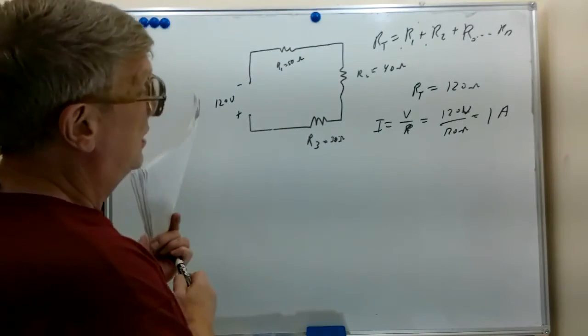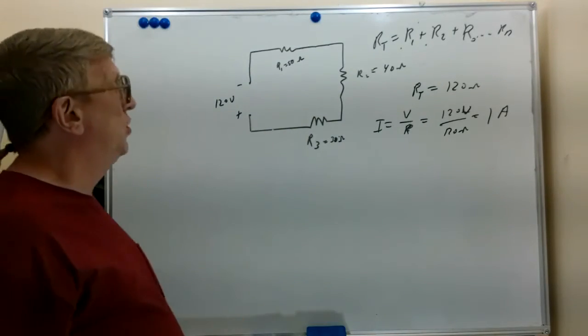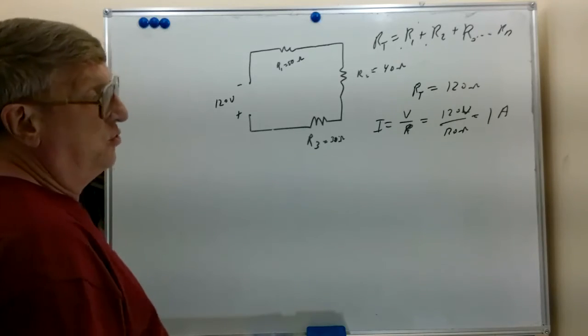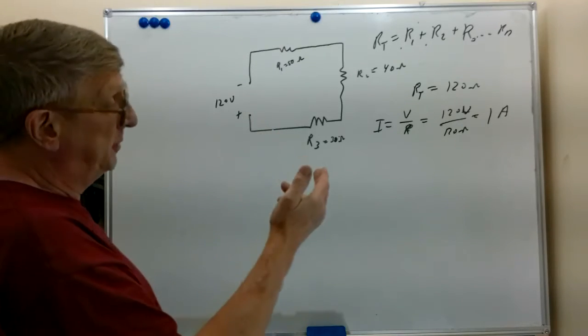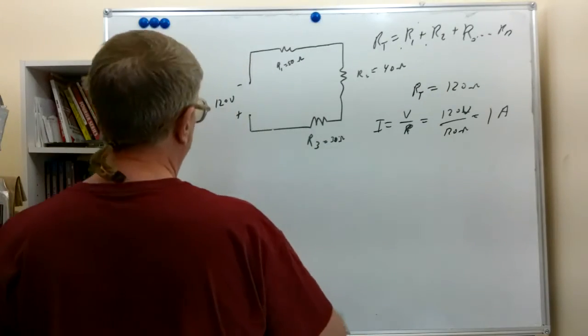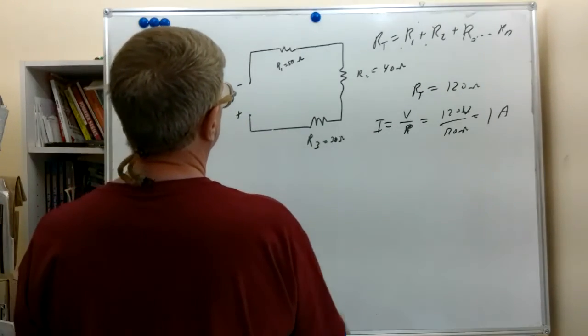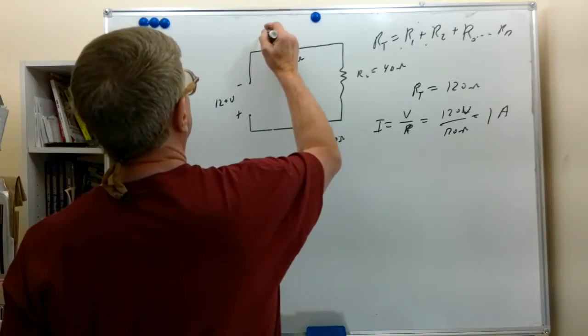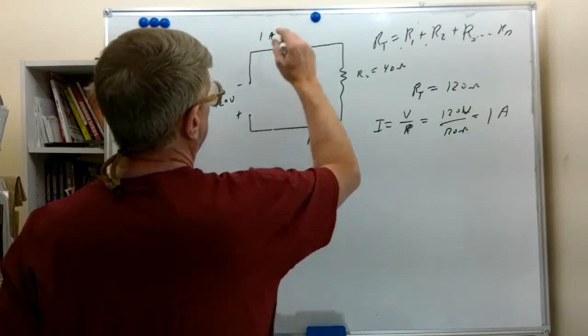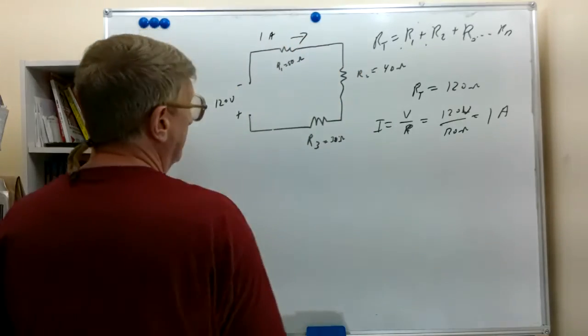So when everything's merrily rolling along, this circuit has a 120 volt supply, 120 ohms, and has 1 amp. So let's go ahead and write that 1 amp up here. And again, this is electron flow. It goes from negative to positive, so it's going to be in that direction.